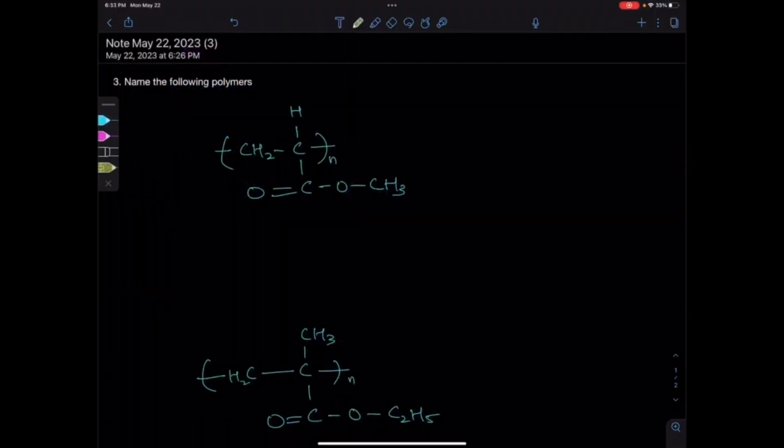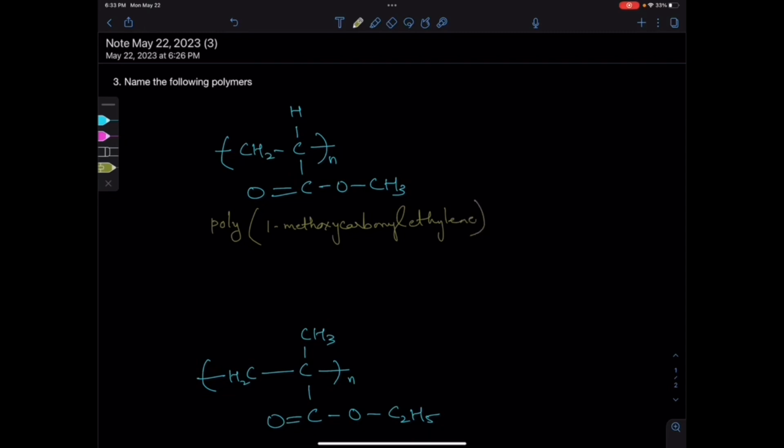Name the following polymers. The first one would be poly, followed by 1-methoxycarbonyl ethylene.